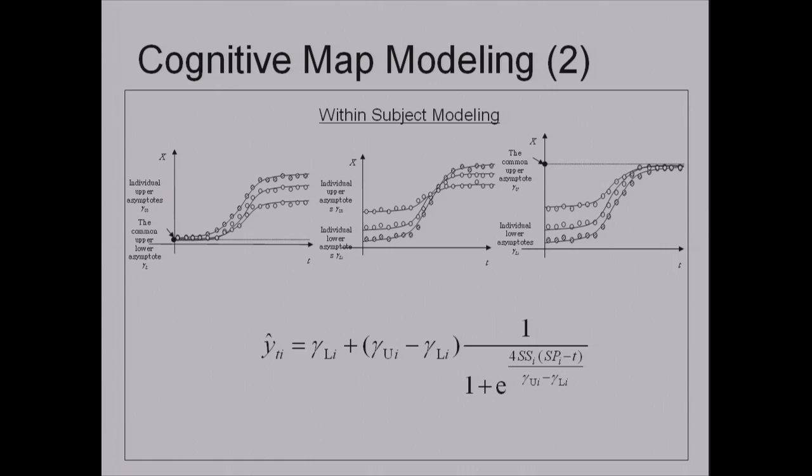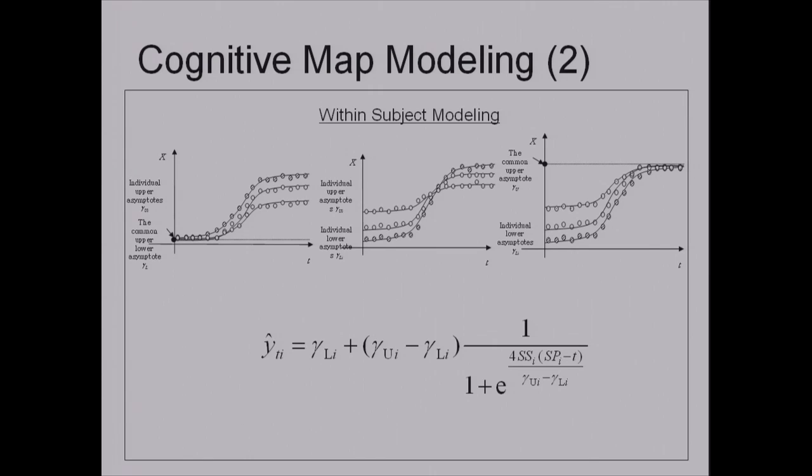In the other example, they have different lower asymptotes where they started, and they saturate at different upper asymptotes. And in the last example, they started from very different starting lines, but eventually they were able to master all the different skills.